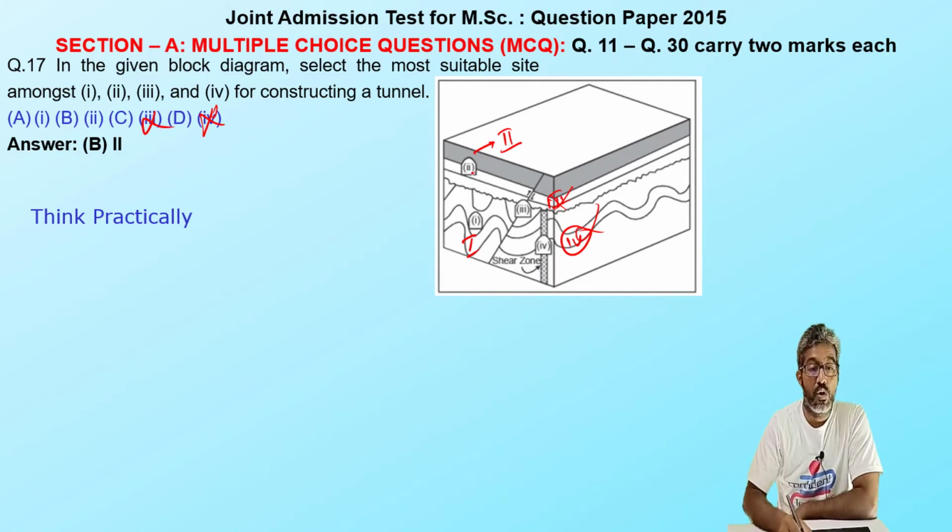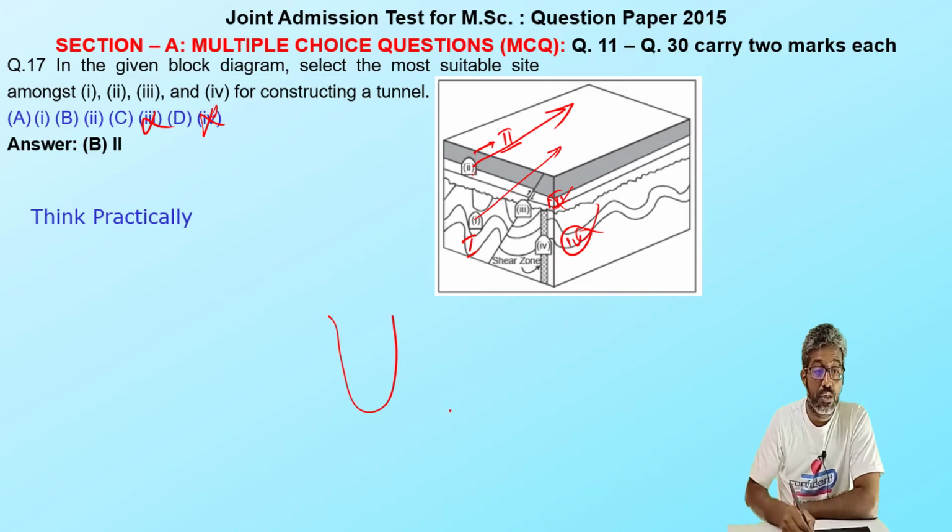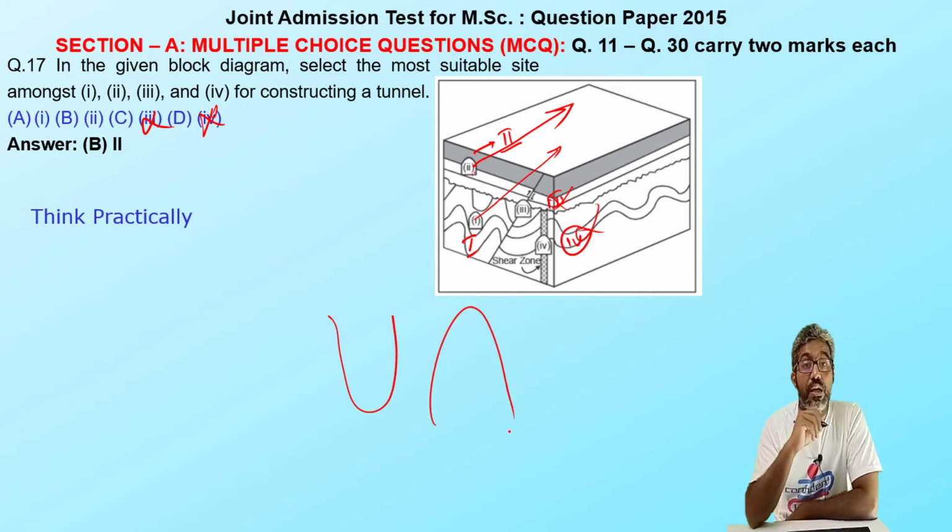What is the difference? Here we don't have any geological feature like fold or fault. This is a simple bed, and I need to excavate like this. For the same I will have to excavate like that. But the problem with one is that I am following the fold limbs, so it can create stress, either in the syncline or the anticline. It will create some problem during the excavation of the tunnel.